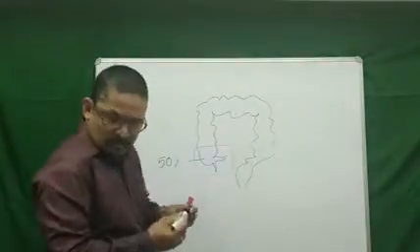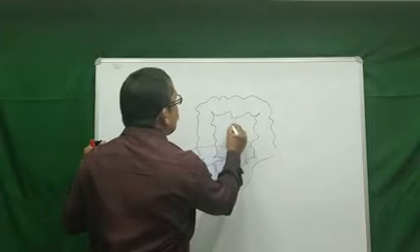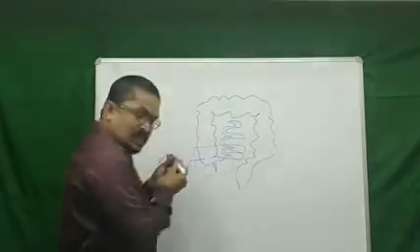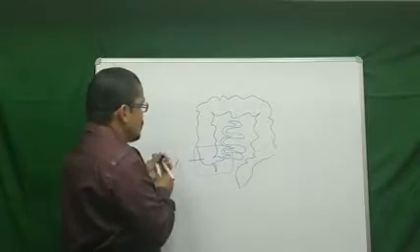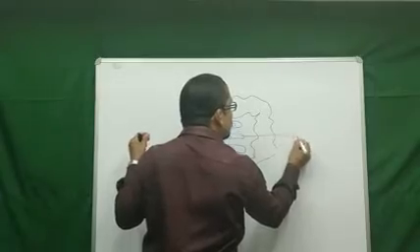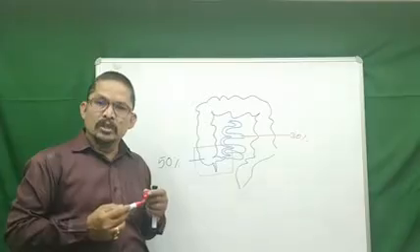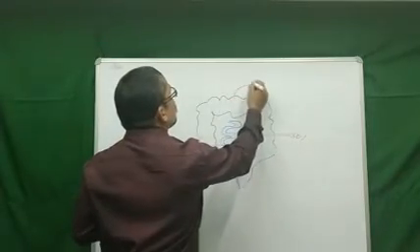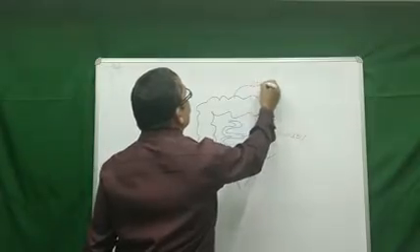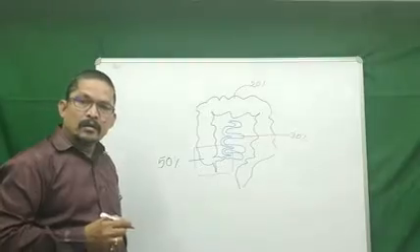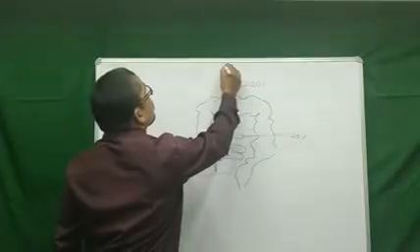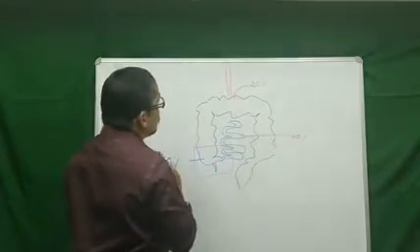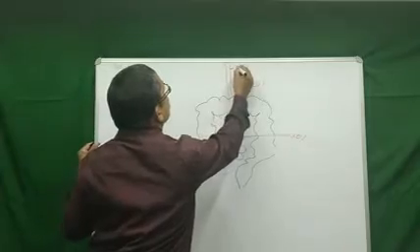Near about 30% of patients have colon involvement, and near about 20% have Crohn's disease with involvement of the colon, and only 10% have involvement of the esophagus.